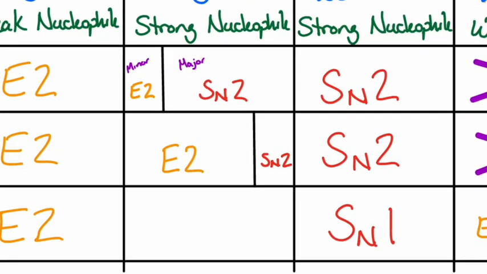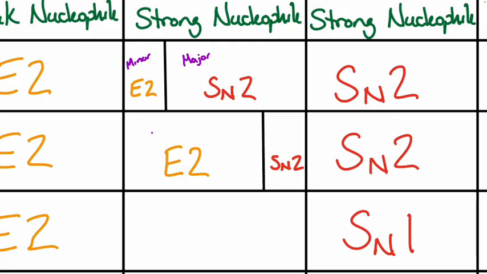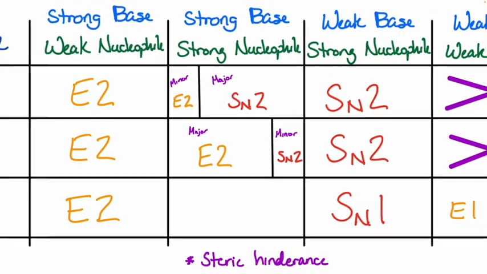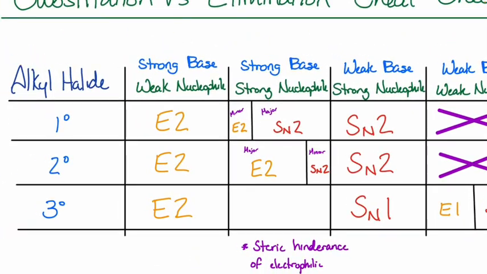With my little dividing lines here, what I'm showing is that now our major product is elimination, and our minor product is substitution. So then based on this trend, what do we think our tertiary are going to be? More elimination or substitution?